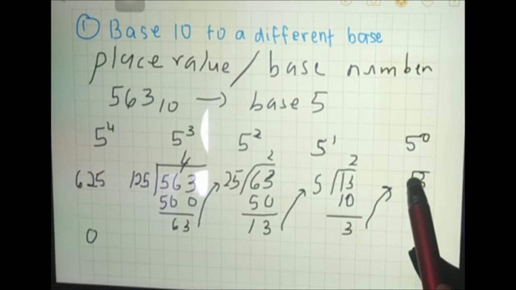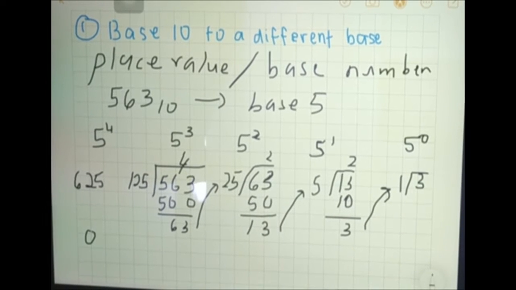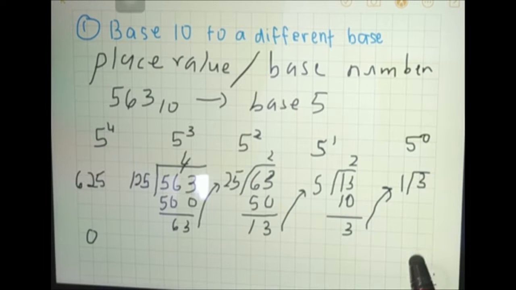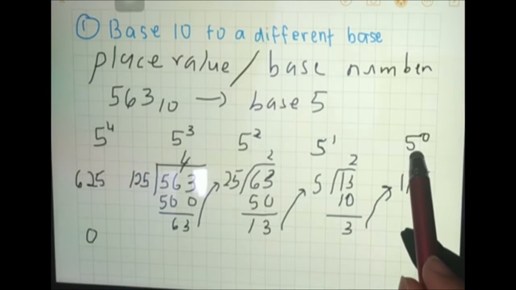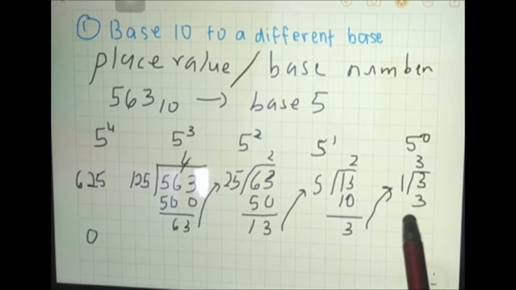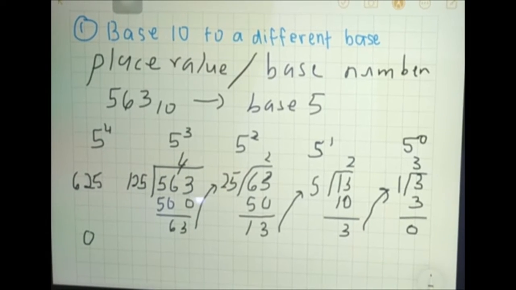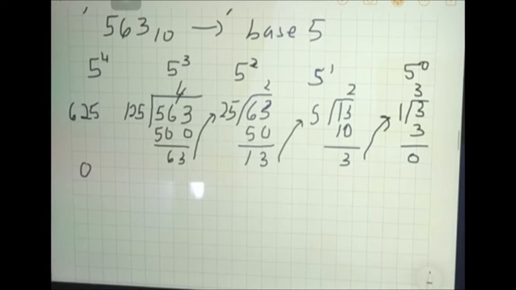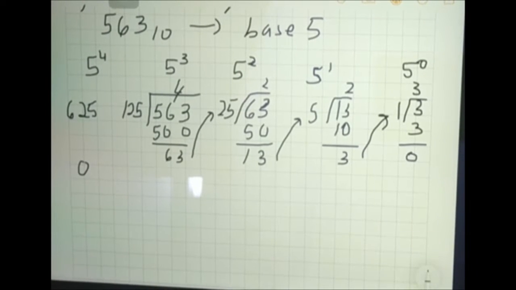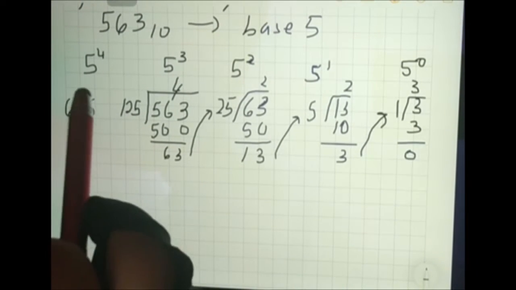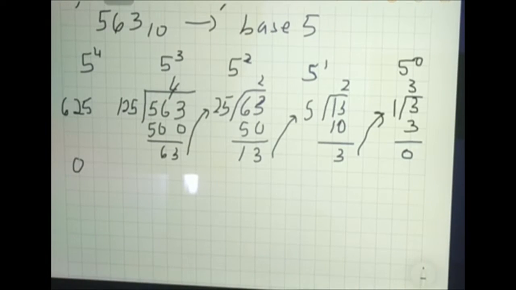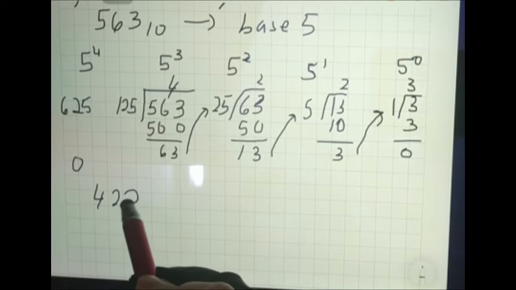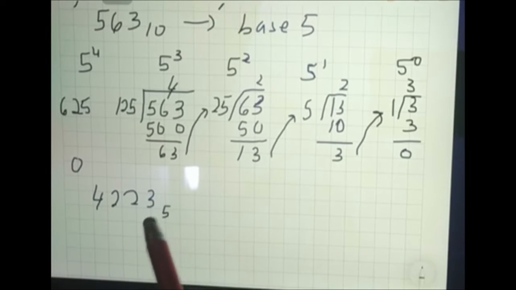3 divided by 1, as 5 to the power of 0 is 1. Anything to the power of 0 is 1. So this one is 3. Our value of 563 in base 10 to base 5 is 4, 2, 2, 3 base 5.